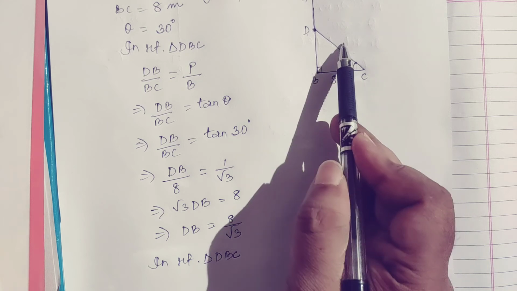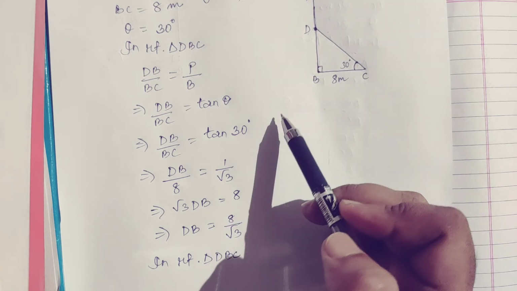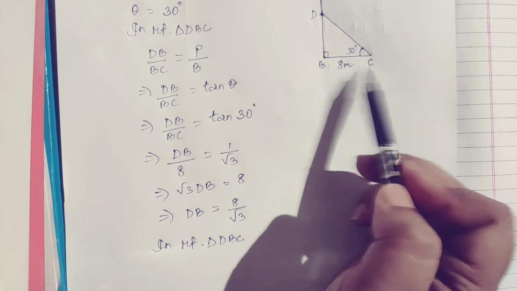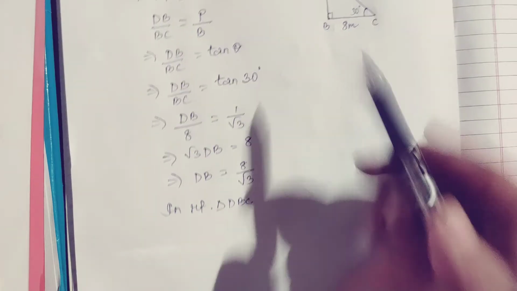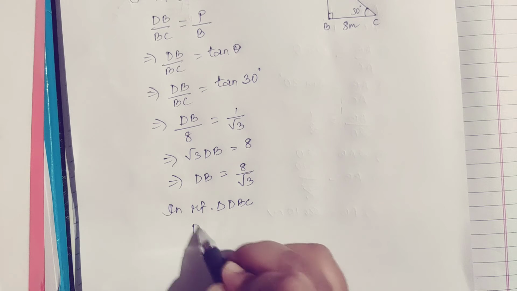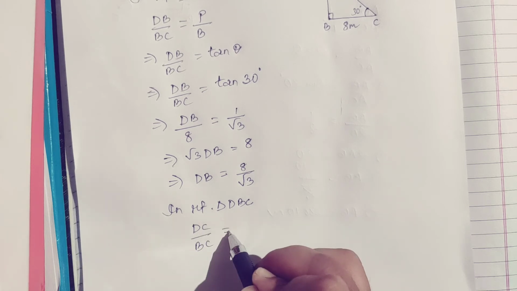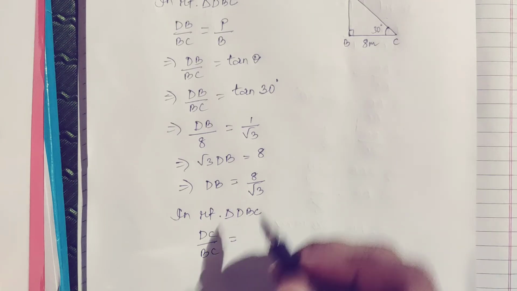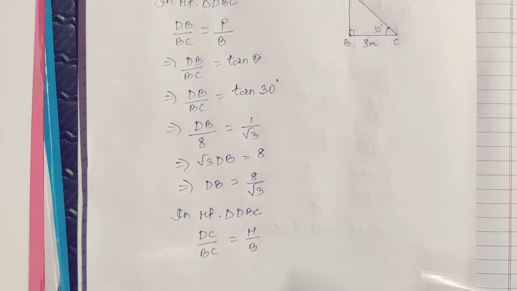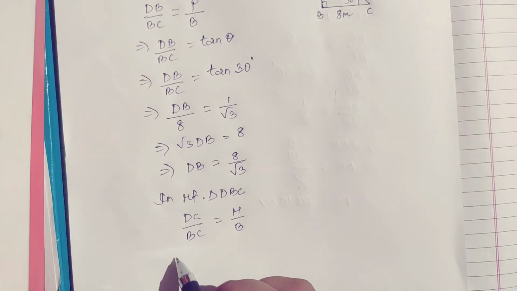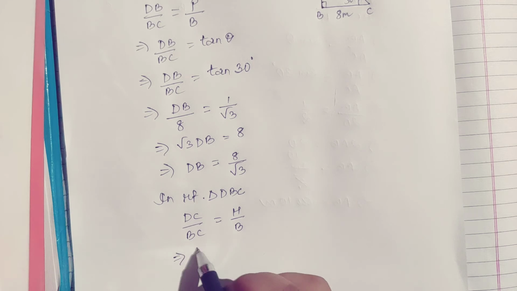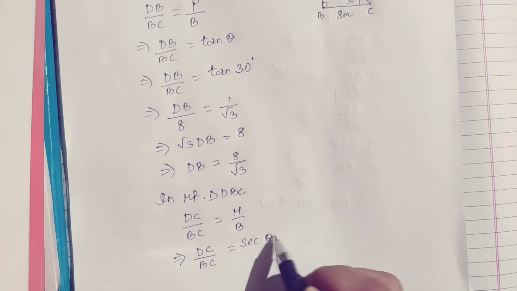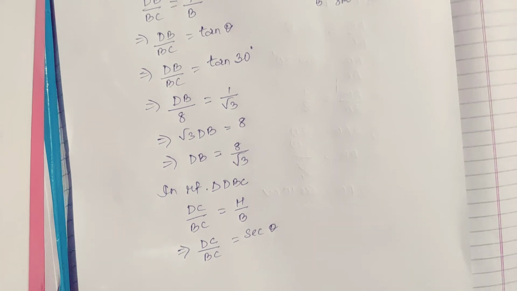So we'll take DC by BC. So this DC is hypotenuse and this BC is base, so hypotenuse by base. So we'll write DC by BC is equal to H by B. So hypotenuse by base is sec, right? So we'll write DC by BC equal to sec theta, and our theta is 30 degree.